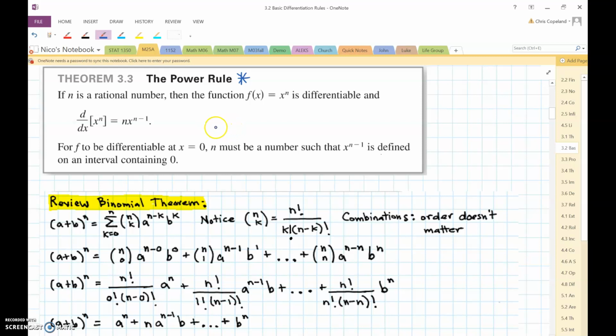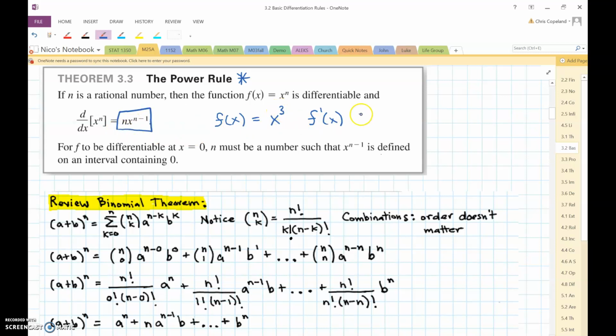Okay, so what does this mean? If you had some function, let's say we have f of x equals x cubed. That would be a power function. It's some function raised to a power. The derivative of that function, if we follow this rule, first we put n.